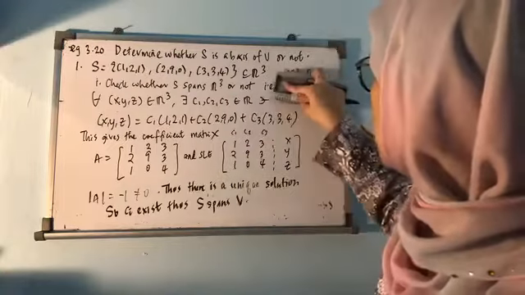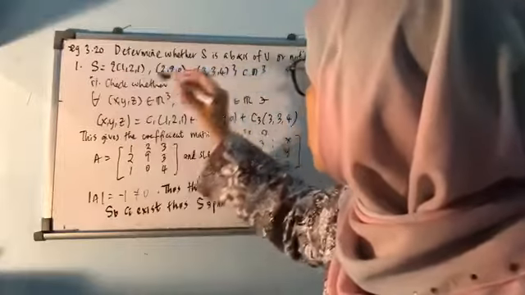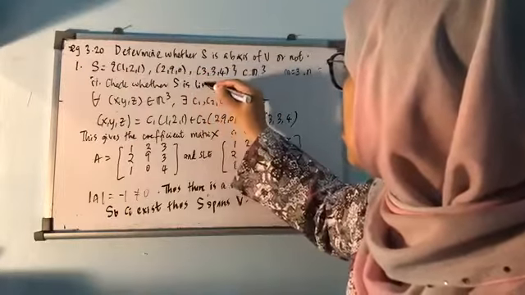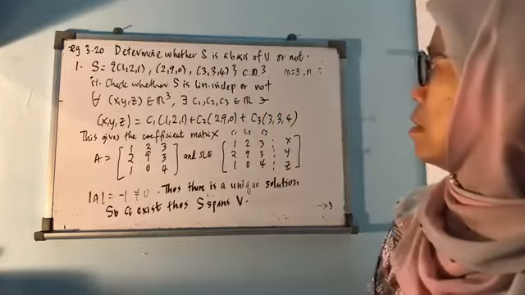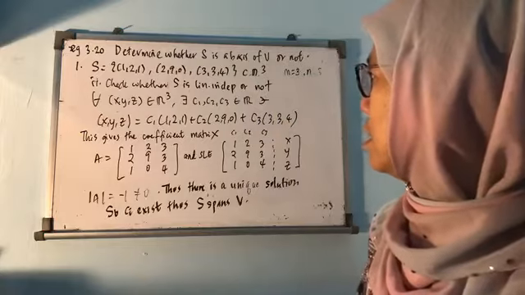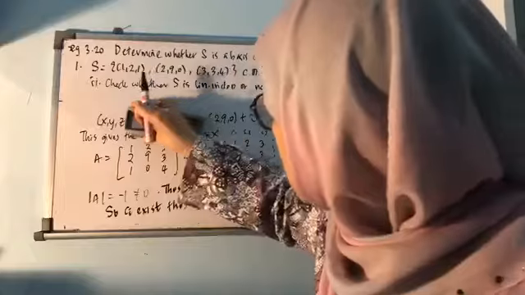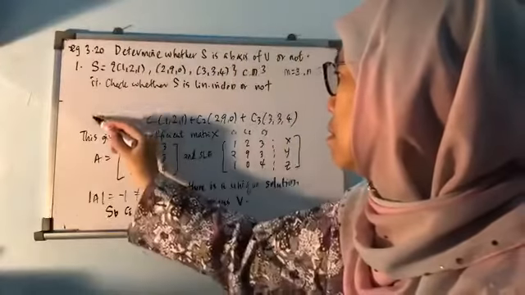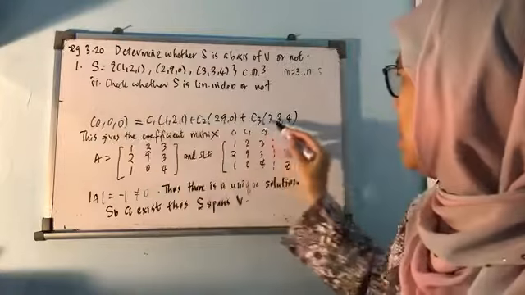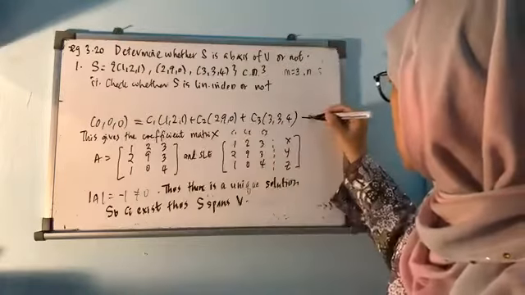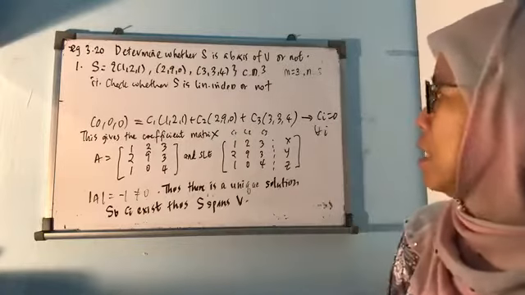Okay, I will write here. This is a little bit different. You don't write like this, you have to write this equal to 0, 0, 0. Does it imply Ci is 0 for all i?